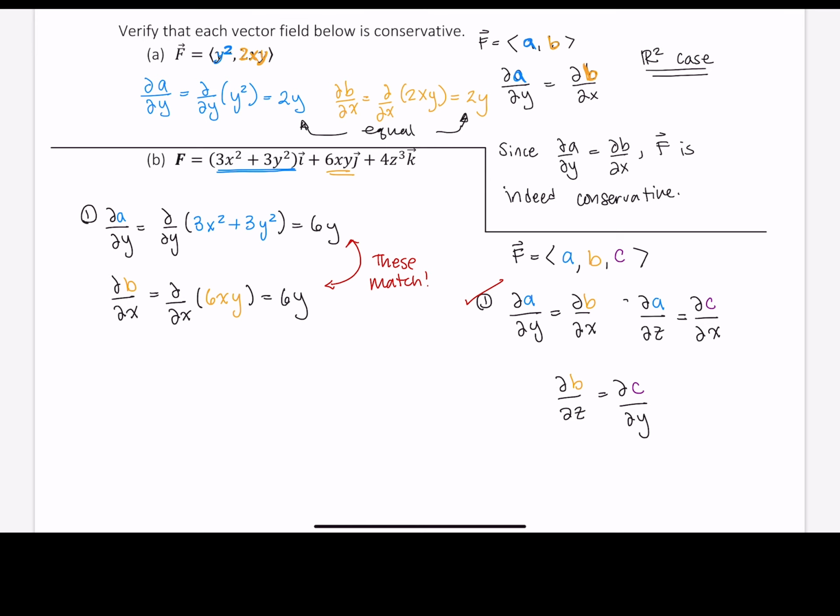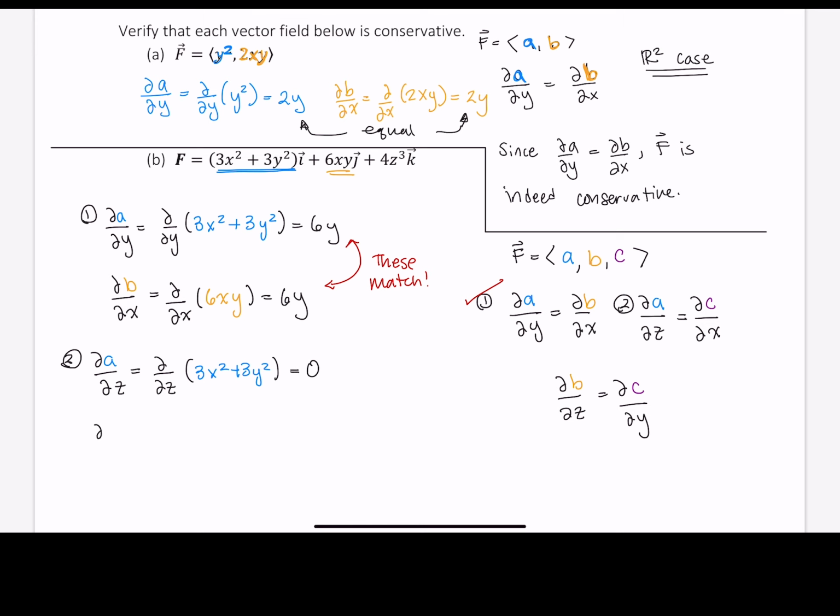Now let's verify this condition here. So we're going to look at the partial of a with respect to z. That's the partial derivative with respect to z of 3x squared plus 3y squared. Well, both of these are just constants with respect to z, so this derivative is 0.